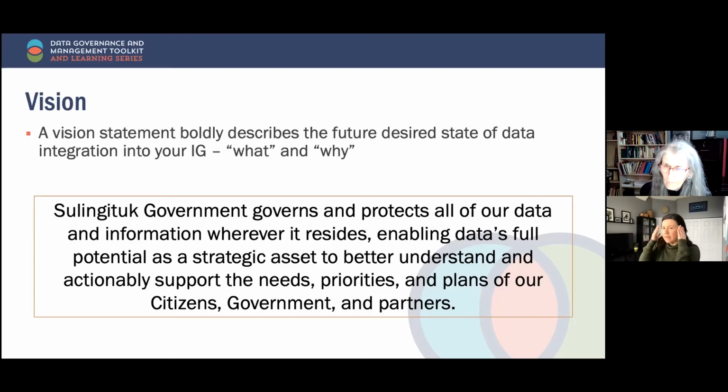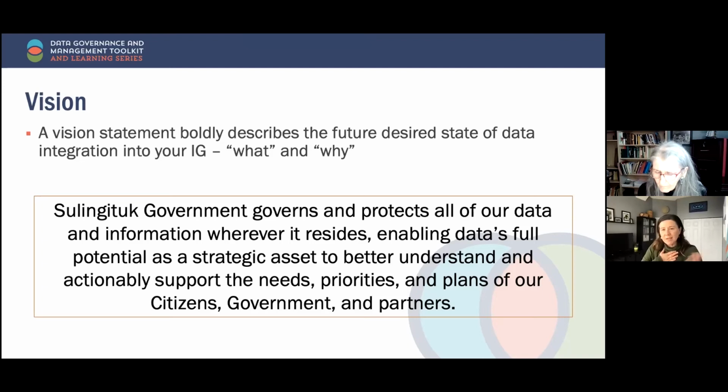It helps people in decision-making roles understand what we're trying to do. It also helps citizens connect emotionally and mentally with the work of data, because it can seem so abstract and technical that people tune out. So the vision statement should help people say, oh, I understand why that's important to us, or why that's important to me as a citizen.